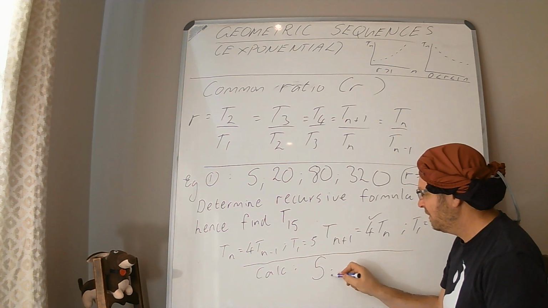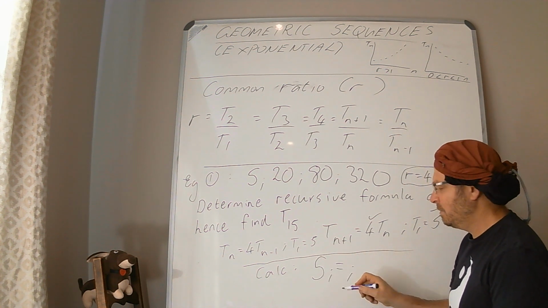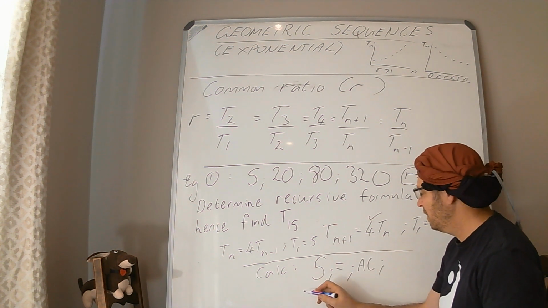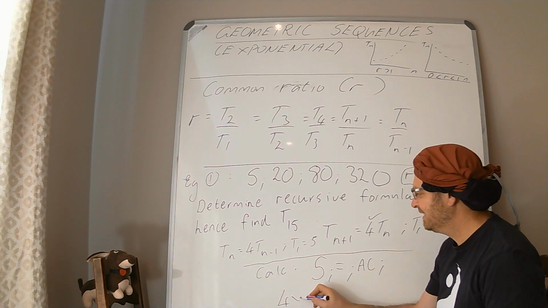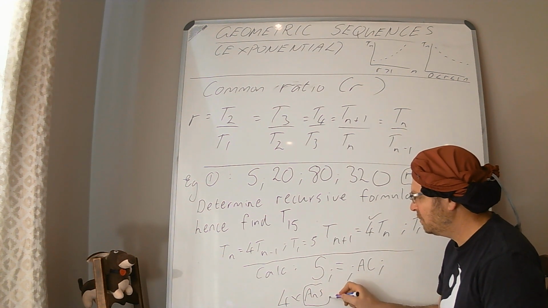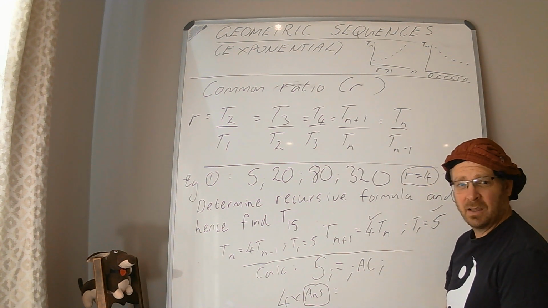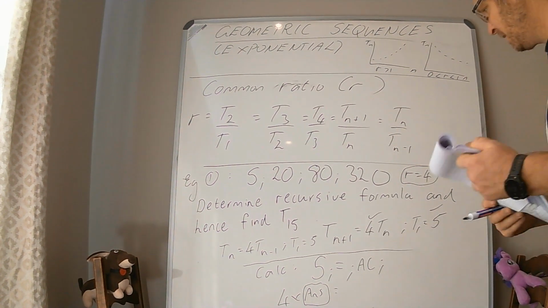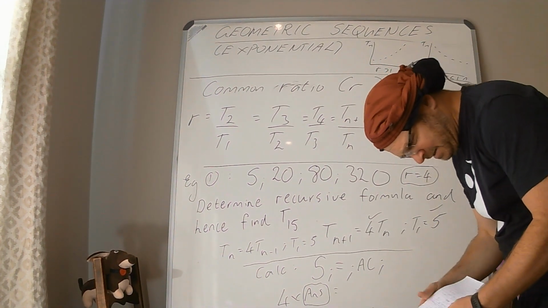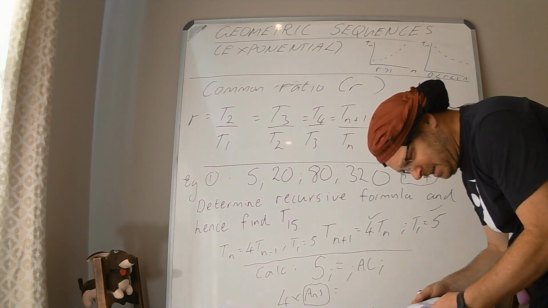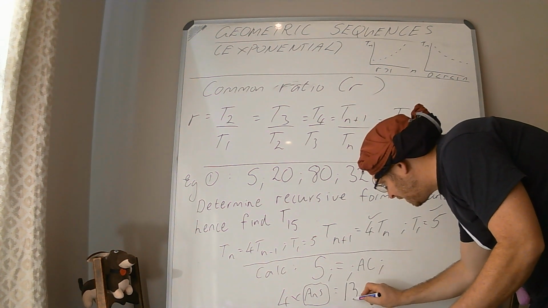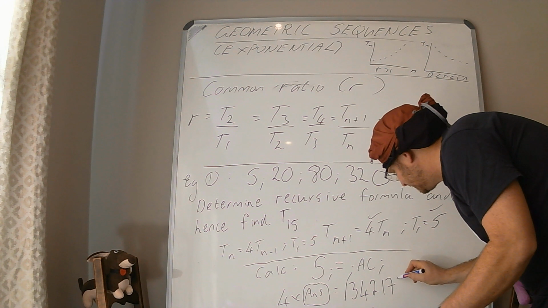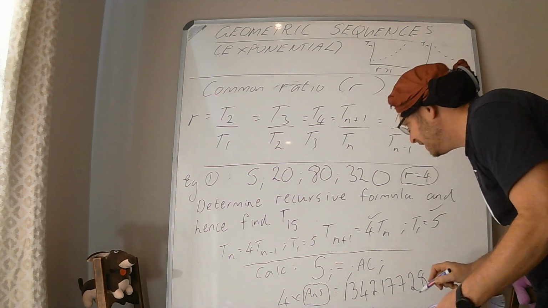So you're going to go 5, equals, puts it into your memory, clear it up, and then you're going to go 4 times, and then you use your answer button repeatedly, and if you do that, you should get an answer of, what did you get, Julia? Indeed, you are correct. You should get a massive number, 1,342,177,280.